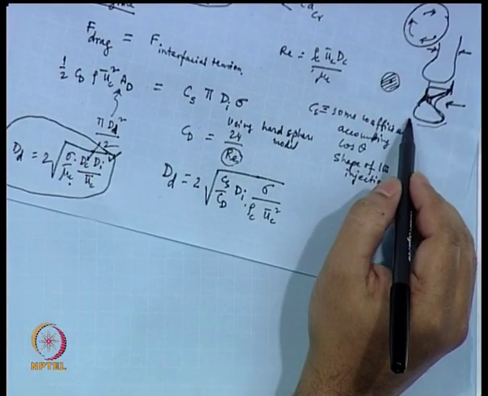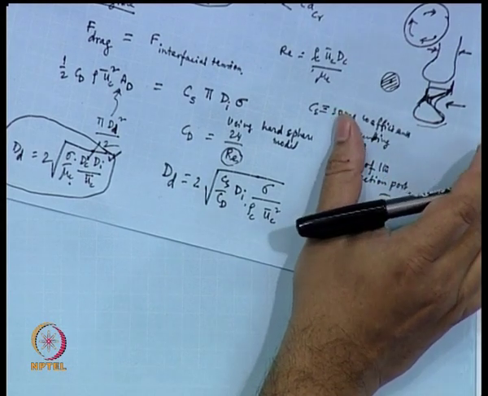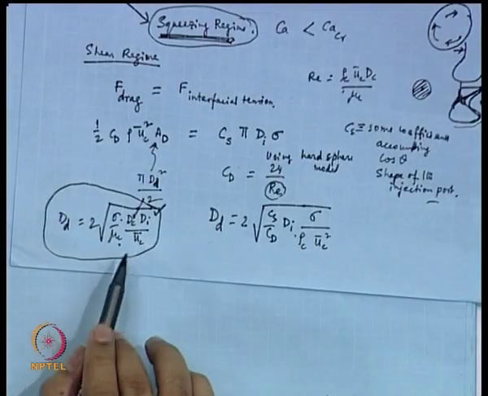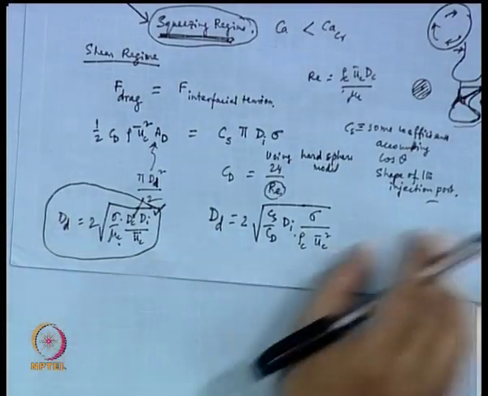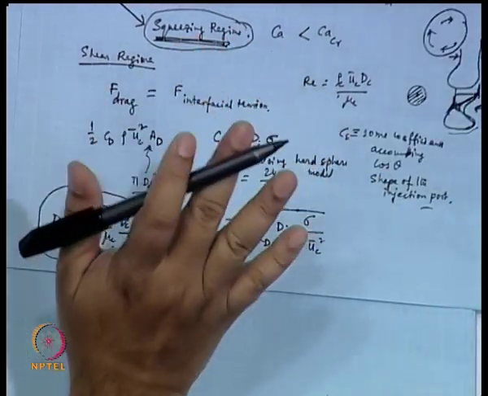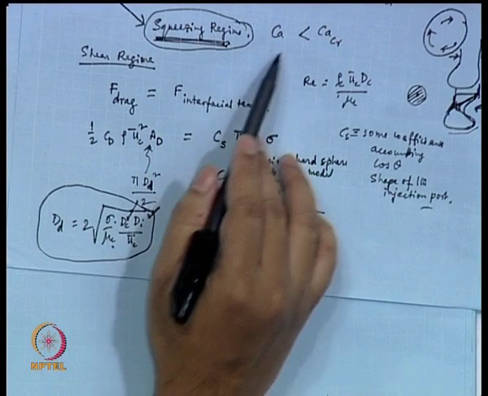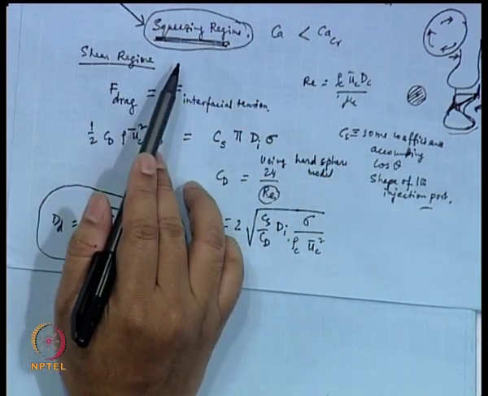If time permits, probably I will talk about it further, how this geometry can be applied to find out what would be the diameter of the droplet. It may not be a simple analytical form like the way we put it here, but let us see. For the time being, let us just appreciate that there is such a regime, and you understand how this regime works. I think that is important, and later on we will see how we can make use of it further.